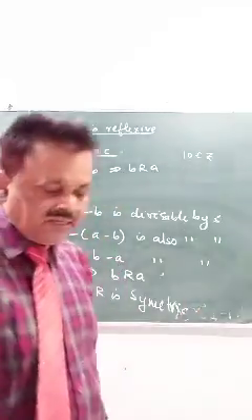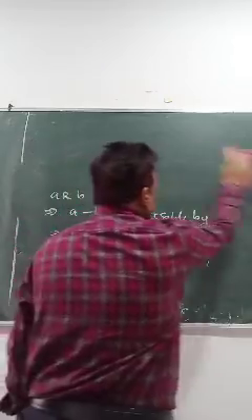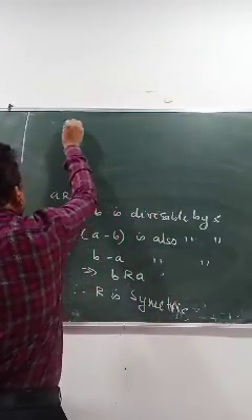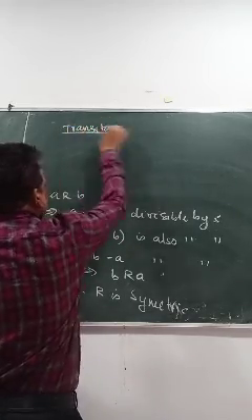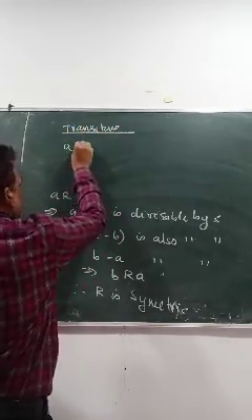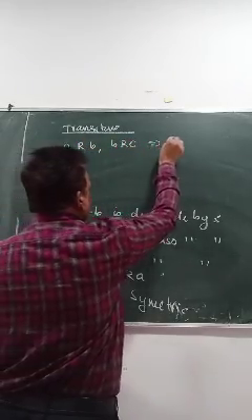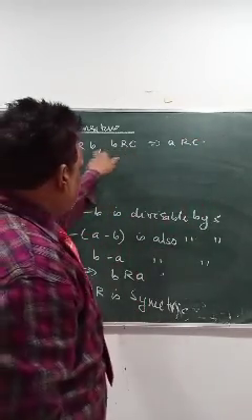Okay. Transitive, you need 3 elements. Now A relates B, B relates C, implies A relates C. Means these two are given to us.